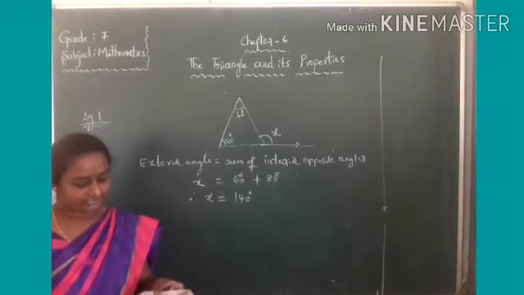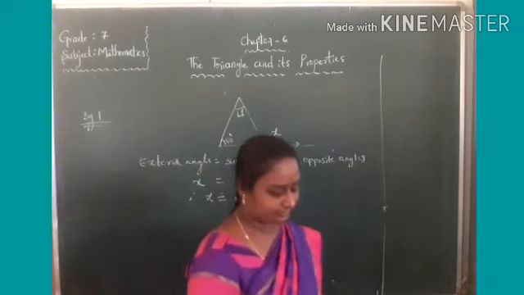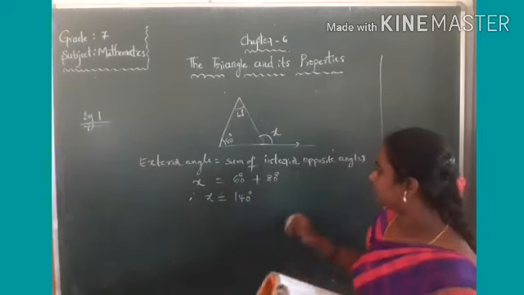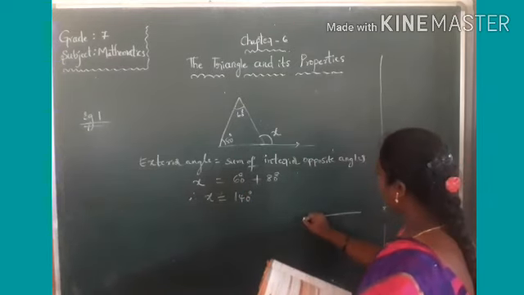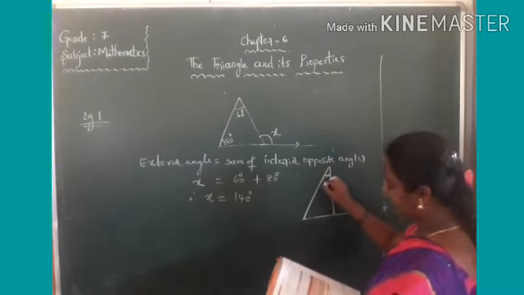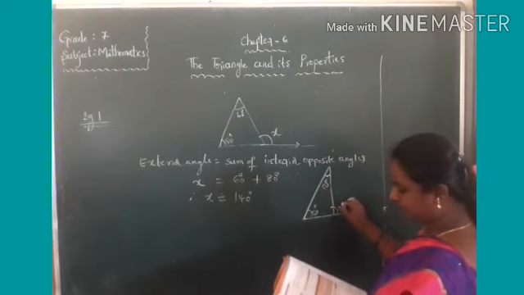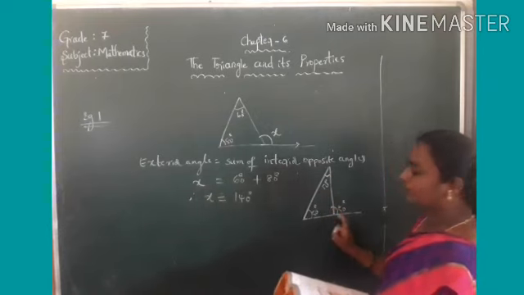Okay, now, right. So next, the third one: is something wrong in this diagram? In the figure, here 50 degrees, 50 degrees. Something went wrong.